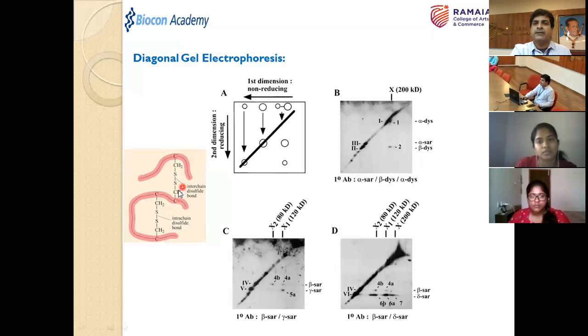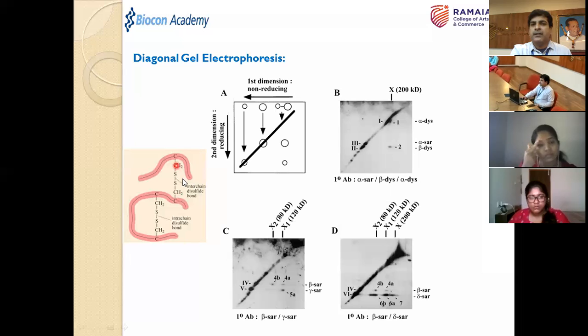For denaturation, when you use SDS and beta mercaptoethanol, this cleaves this particular bond, reducing it, and this is coming from your cysteine, right? The sulfur-containing amino acid cysteine. Understood? So where is this cysteine bond position?